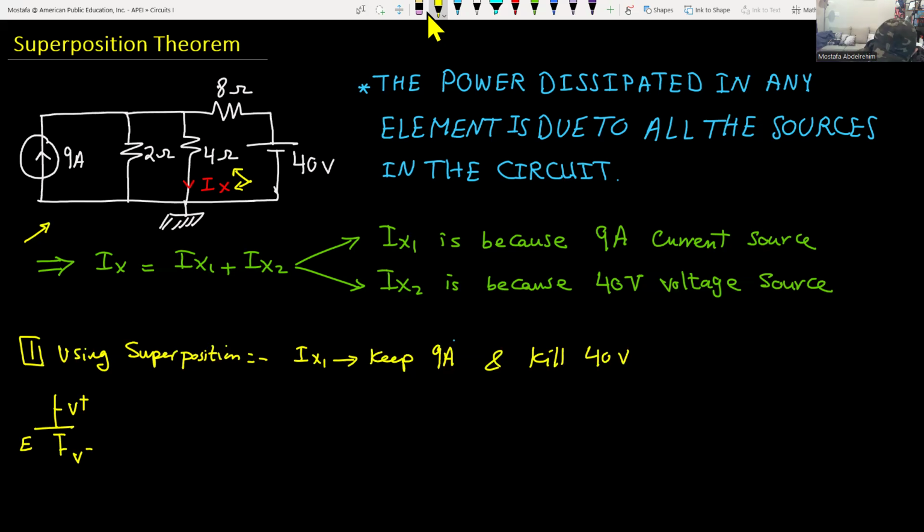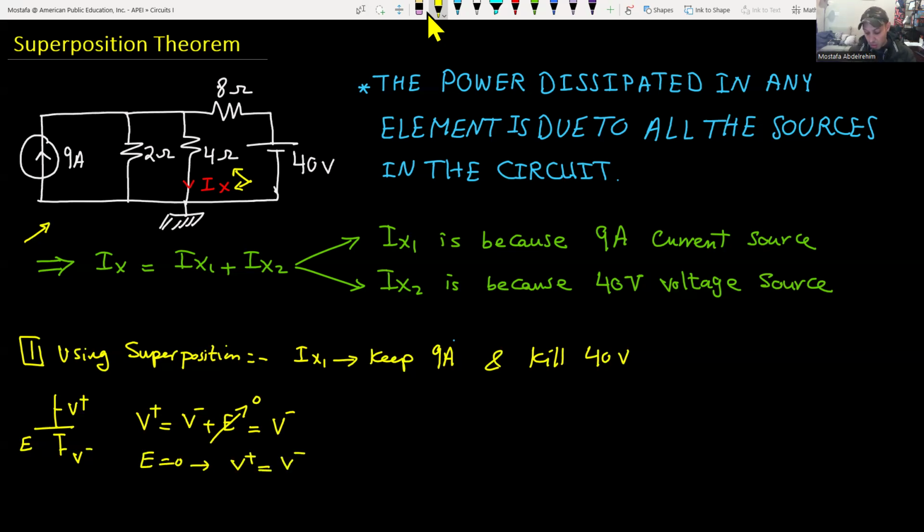That means V positive will be equal to V negative plus E. So if E is zero, there is no voltage difference, and V positive is equal to V negative.